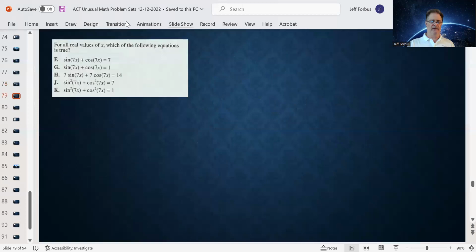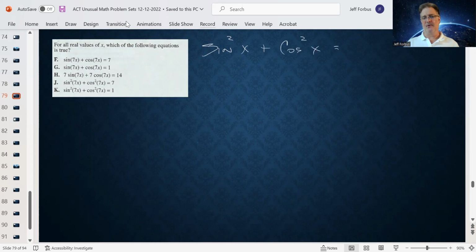All right, next question. Okay. For all real values of x, which of the following equations is true? You've got to know a trigonometric identity, and sometimes I don't think these questions are fair to everybody, because some people don't have enough math academics in their junior high school year.